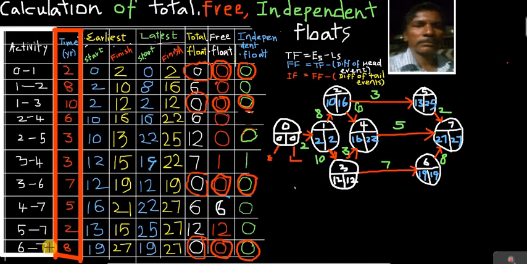To finish the last activity from 6 to 7, it needs 8 years. So this is the data given to us in the form of a question. Our aim is to calculate all these floats.